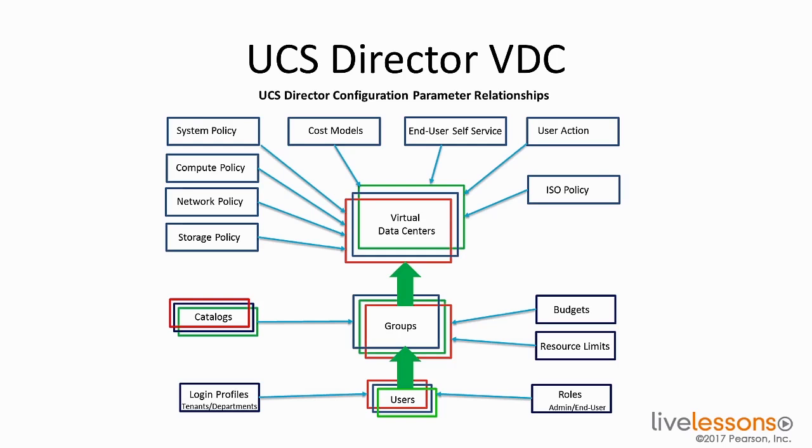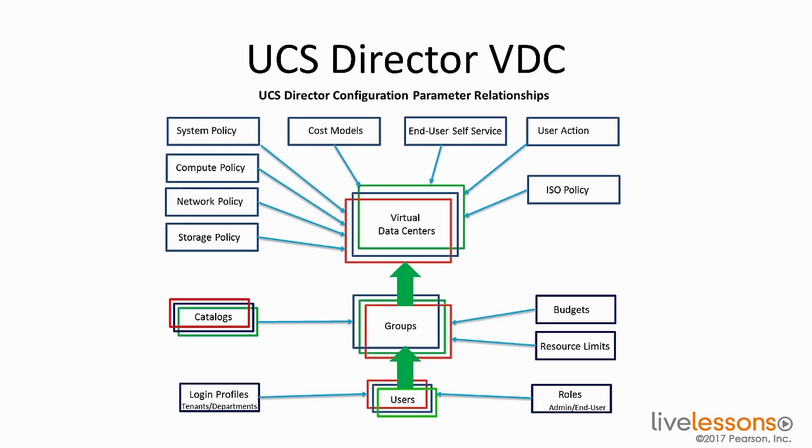You could have 15 virtual data centers, or you could have 2. It just depends on how you want to control those resources, or whether you have, for instance, different cost models to apply to different resources. An easy example of this would be a production virtual data center, a test, and a development data center.